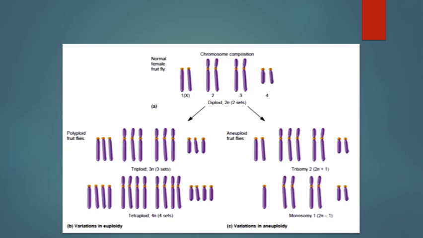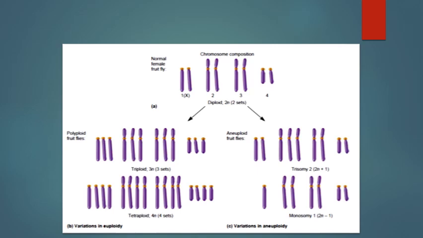For example, an abnormal fruit fly could contain 9 chromosomes instead of 8 because it has 3 copies of chromosome 2 instead of the normal 2 copies. As in figure C, such an animal is said to have trisomy 2 or be trisomic.